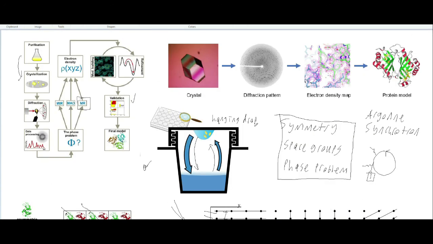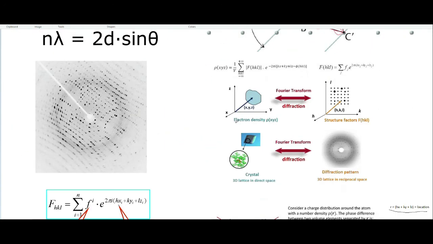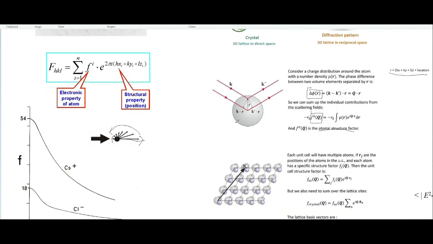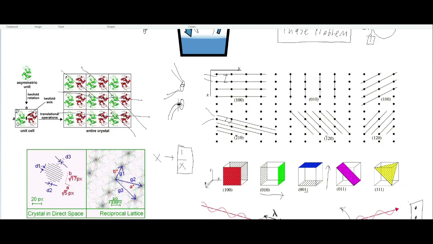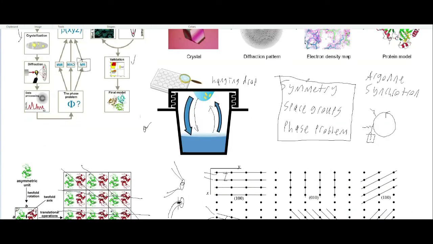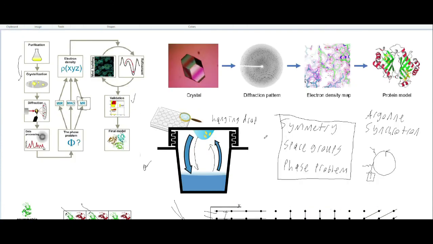I apologize if some of this was confusing because, like I said, I glossed over a lot when it comes to the symmetry and the space groups and the phase problem. But you could fill an entire textbook, an entire two-semester college course just talking about this stuff.